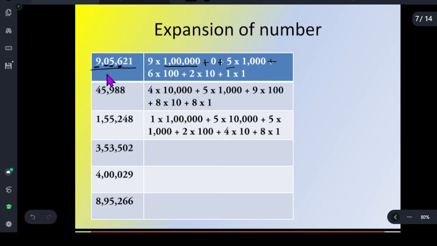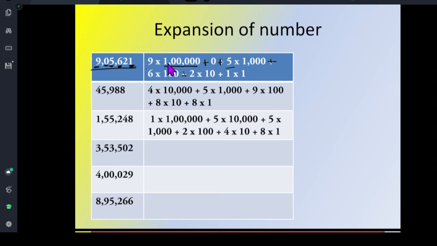And what is the place value? Hundreds. So you have to write 6 into 100 plus 2. What is the place value of 2? That is tens, and the face value is 2. So you have to write 2 into 10 plus 1 into 1. Why do you have to write 1 into 1? Because the last digit is in the ones position, and that is 1. So you have to write 1 into 1.